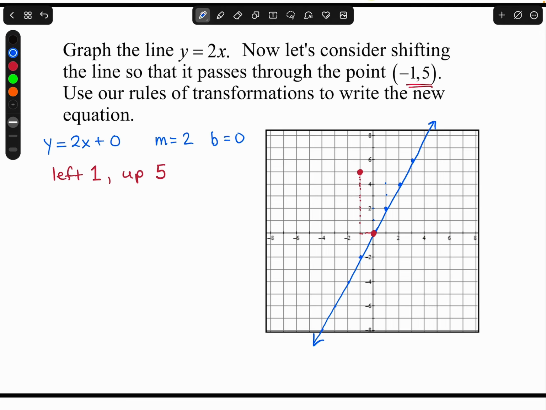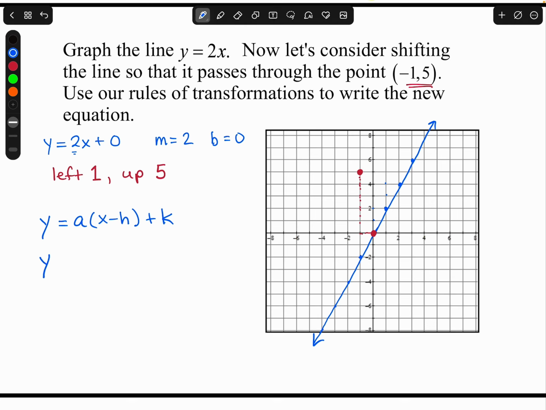So we're thinking about h and k. If we were to write this out, thinking about it as y is equal to, the 2 is like our stretch factor, thinking about a times x minus h plus k. Yes, this works for lines too. It's not just parabolas and cubics and things.